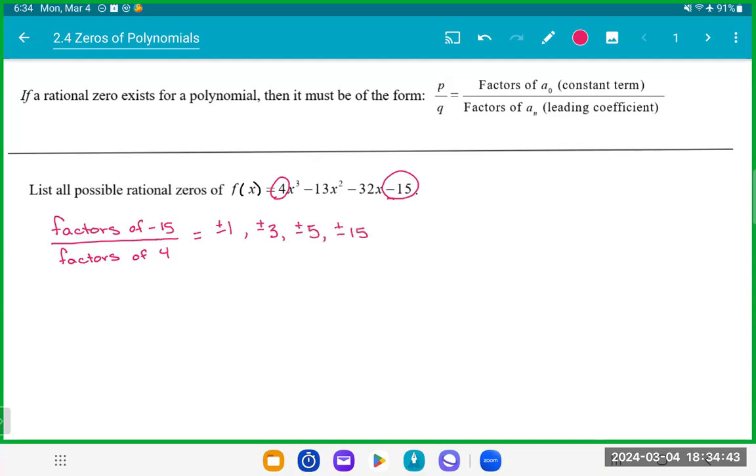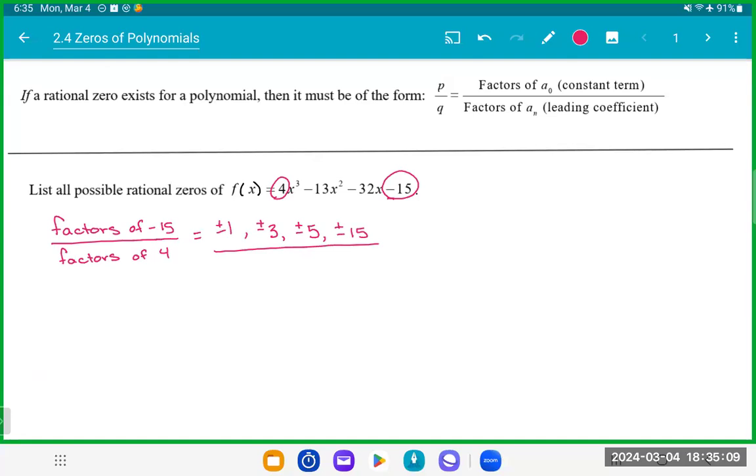Because we want negative 15 here, positive 3 times negative 5 gives me negative 15, or negative 3 times positive 5 also gives me negative 15. So that gives us all of the combinations for our factors of negative 15.